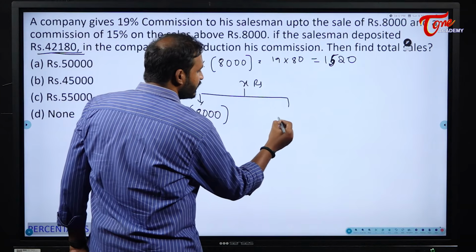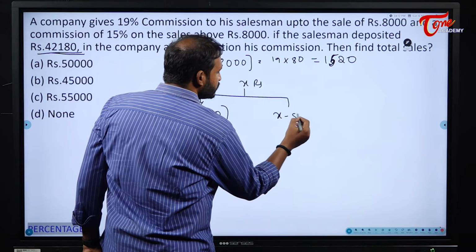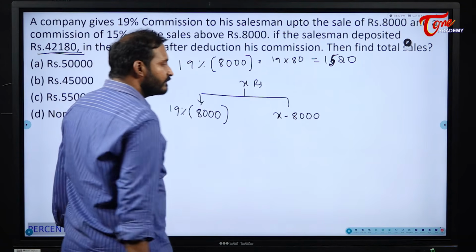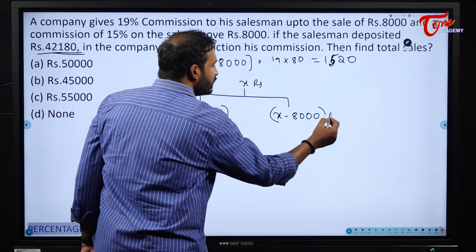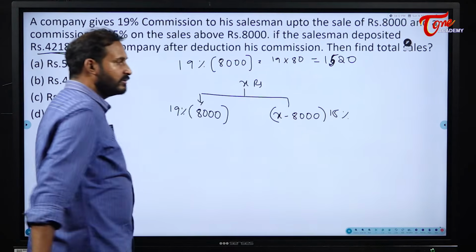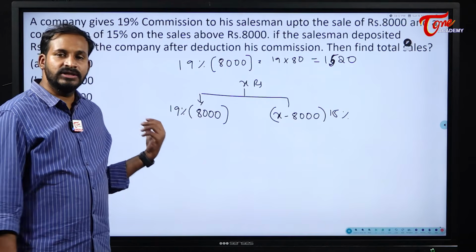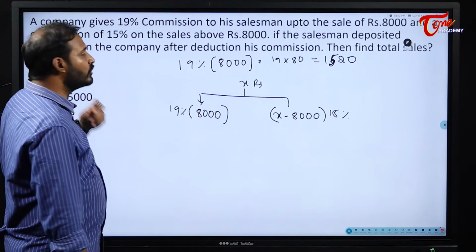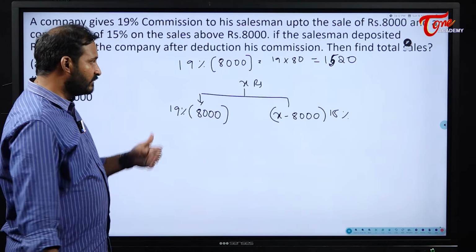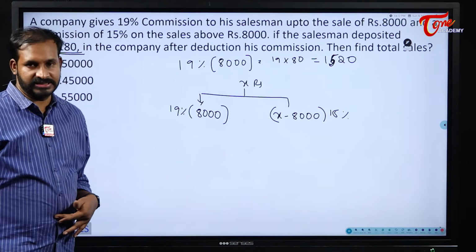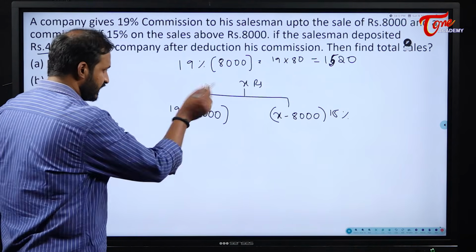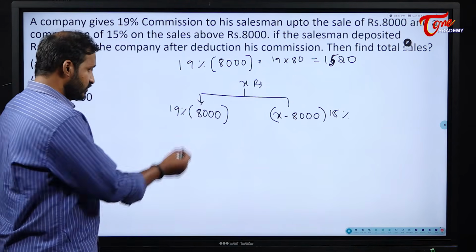After 8,000, he will be having X minus 8,000. On this, he will get a commission of 15%. And after taking out this commission, he is going to pay 42,180. That is equal to the total sales, X rupees.